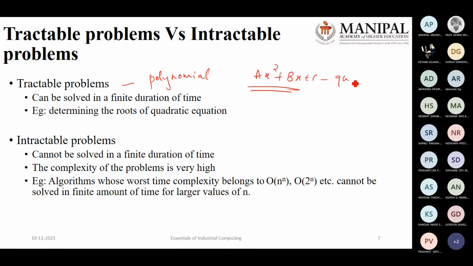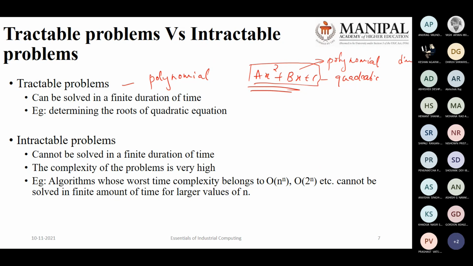It's a quadratic equation, a general example of a polynomial equation. Finding the root of a quadratic equation can be solved in polynomial time or a finite amount of time. We call them polynomial time algorithms. So the solutions to tractable problems are polynomial in nature.